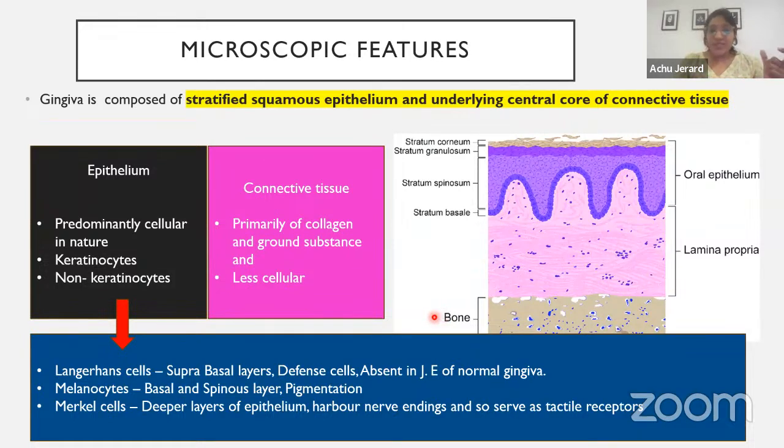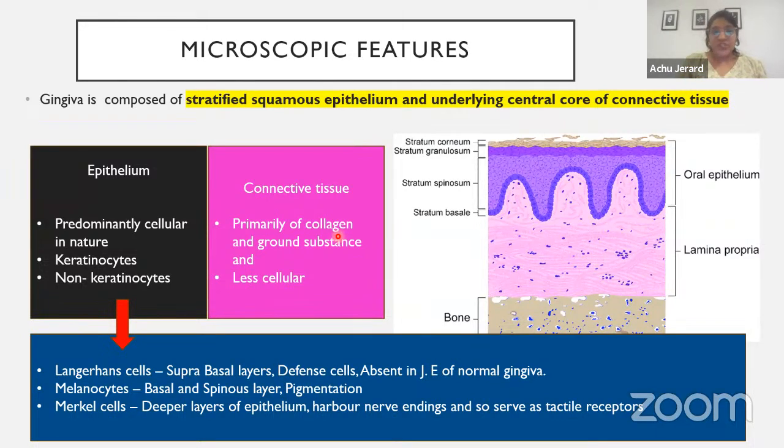So they are present in the deeper layers of the epithelium, close to the connective tissue. And then you have the melanocytes, which are spread not very deep, but in between, so the basal and spinous layer. So that's how I remember it. Hope it would be beneficial for you also. And then you have the connective tissue part, which has primarily collagen and is less cellular in nature.